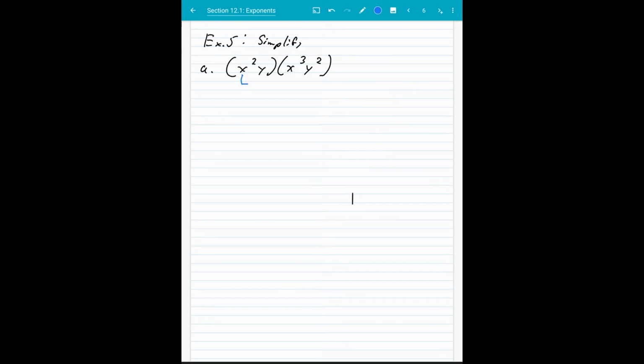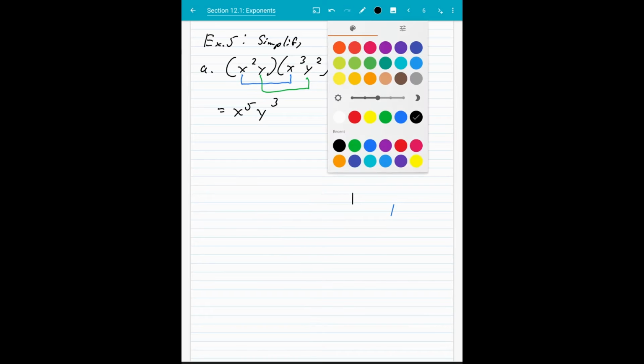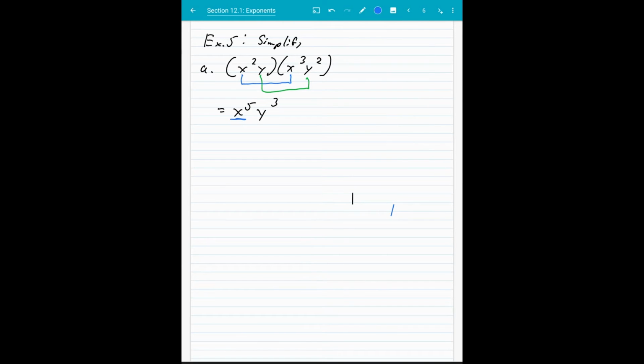So x squared times x to the 3rd and y times y to the 2nd. So if we do x squared times x to the 3rd, that would make x to the 5th. Y times y squared would make y to the 3rd. So the blue one and the green one. This would be your final answer. So you match up each variable, the correct ones that you want to multiply.